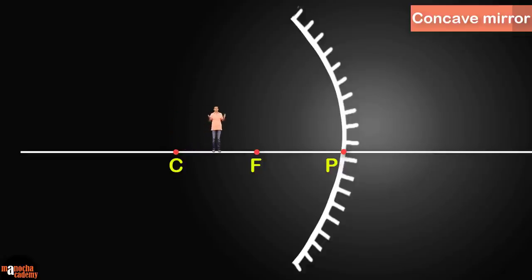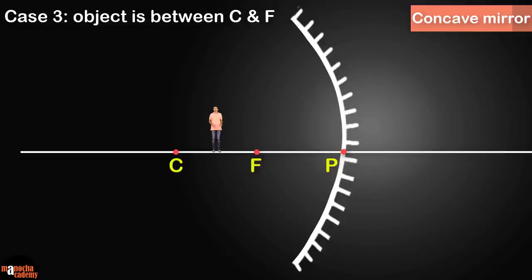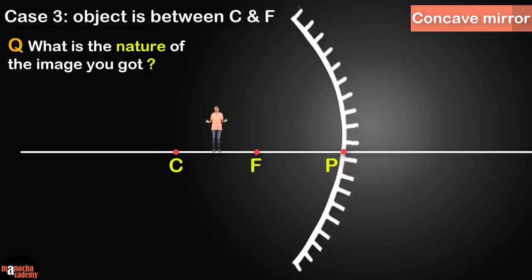So this is our case 3, where the object is between the center of curvature and the focus. I would like you to pause the video here and find the image yourself using a ray diagram. Also write down the properties of the image formed. So what is the nature of the image you got?